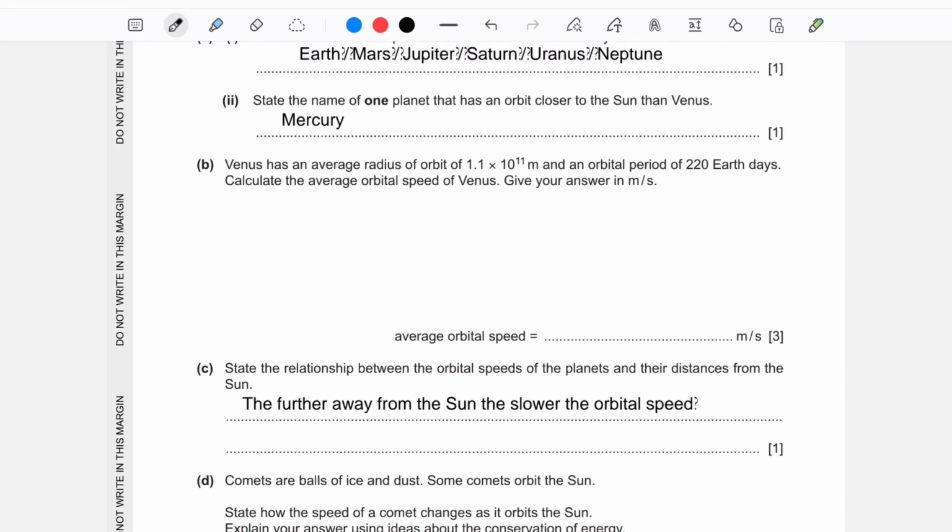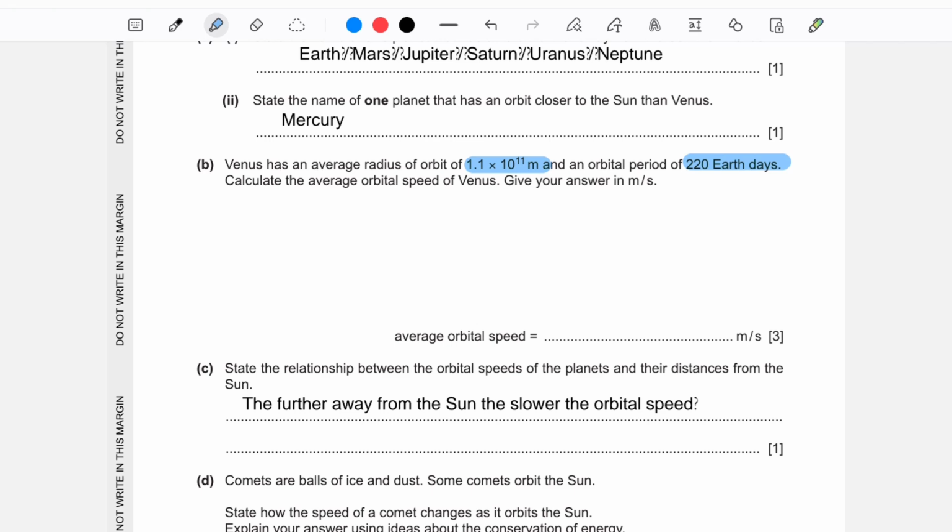Venus has an average orbit radius of 1.1 times 10 to the power 11 meters and an orbital period of 220 Earth days. Calculate the average orbital speed of Venus. Give your answer in meters per second. Okay, so we know the radius is 1.1 times 10 to the power 11 meters and the orbital period is 220 Earth days.